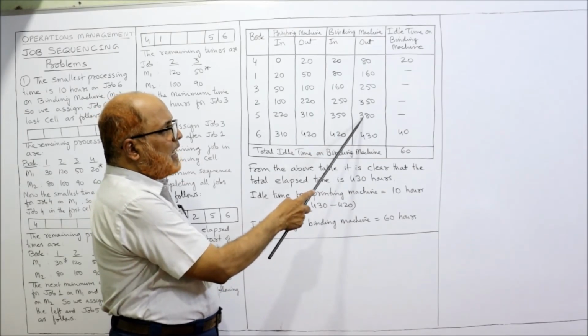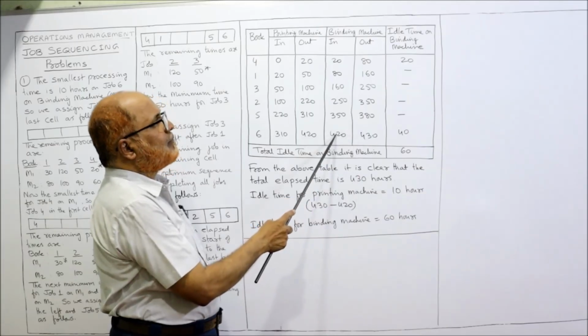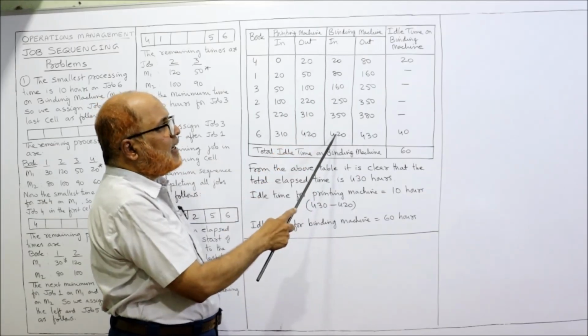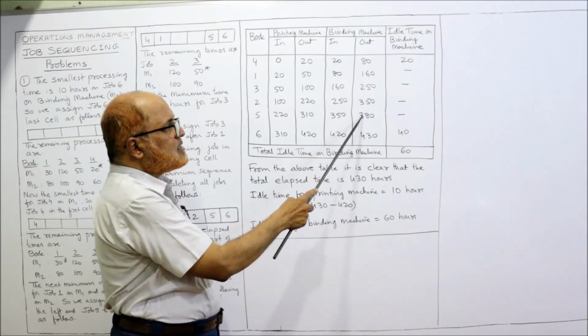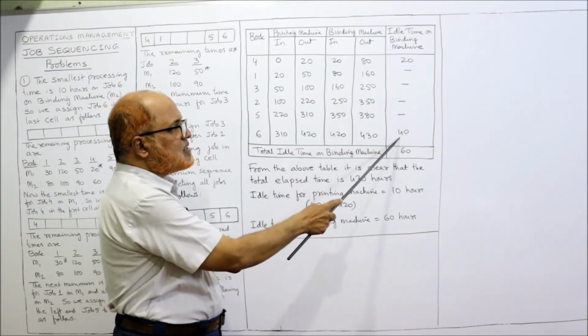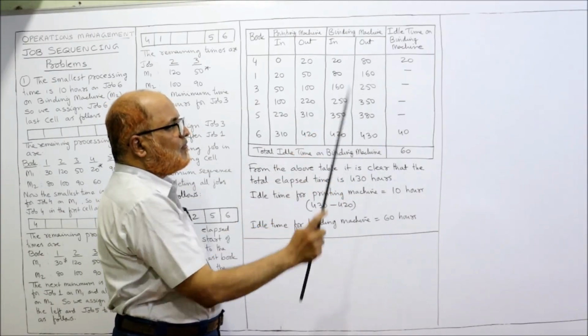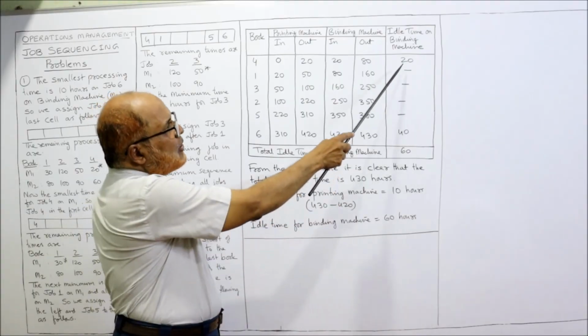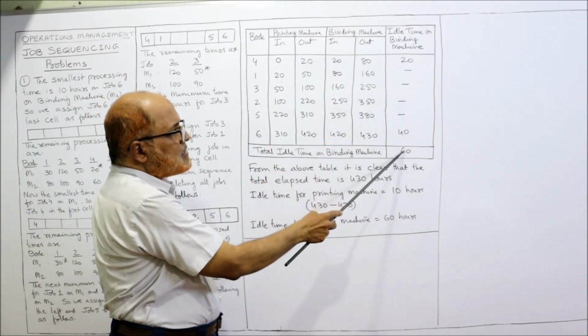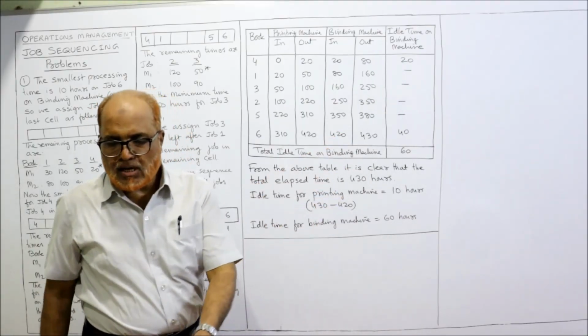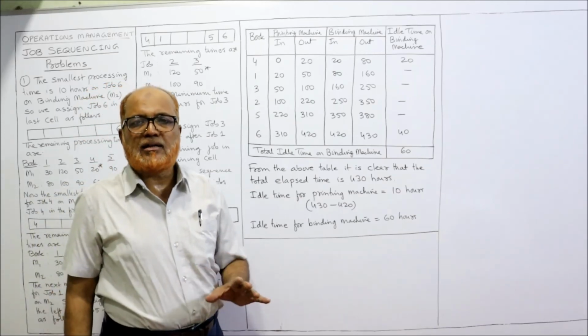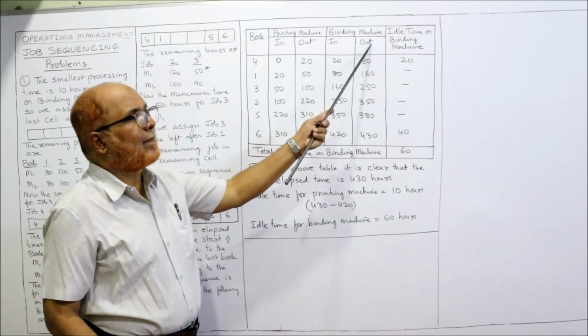So from 380 to 420, the binding machine was idle. So 420 minus 380, how many hours? 40 hours. So idle time is 40 hours. Take the total, 20 hours plus 40 hours, 60 hours. So 60 hours is the total idle time on binding machine.